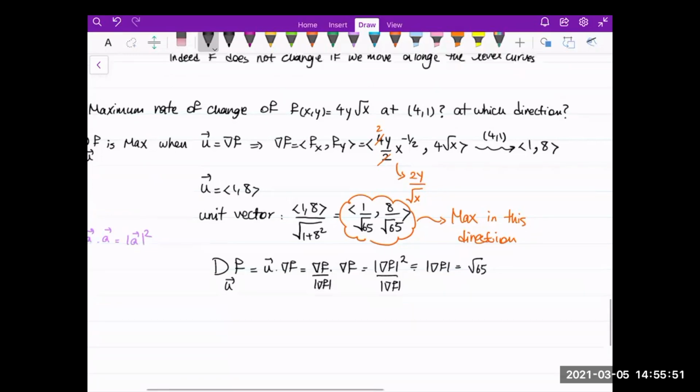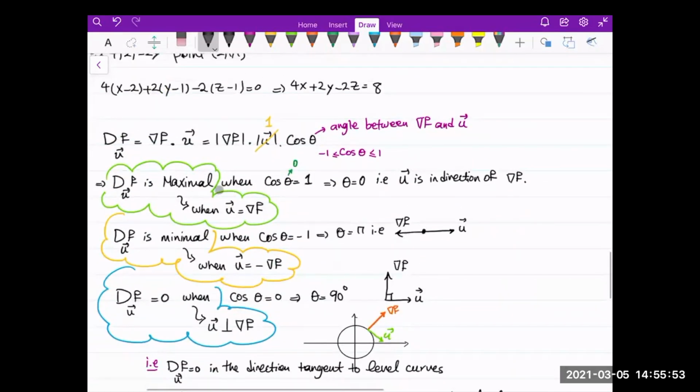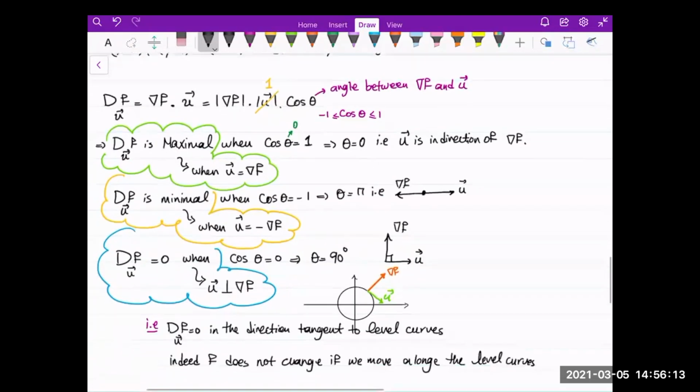Why? It's just because, coming back to here, it's maximum when u is equal to that, and the directional derivative is the length times cosine theta. So cosine theta is 1. In that case, we just get the maximum. So this is 1, the unit vector was just 1, so we get the length of the gradient of f.